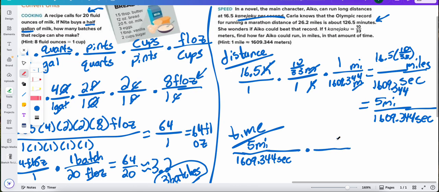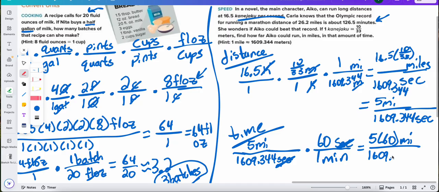Seconds was on bottom, so we'd put it on top this time. There's 60 seconds in 1 minute. So our seconds will cancel out. So we would have 5 times 60 for our miles over 1,609.344 for our minutes.